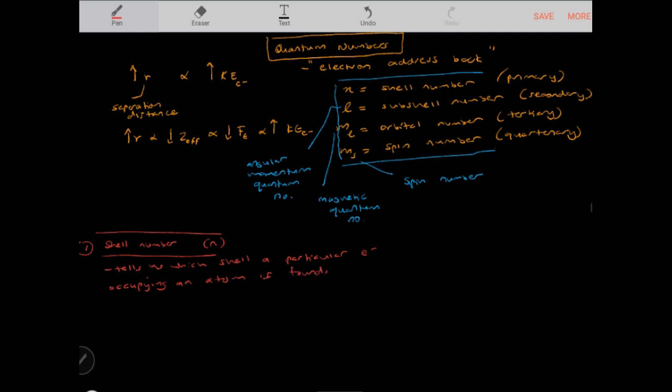This is one of the hallmark features of the quantum mechanical model, that we need to look at the position of each electron, because the position of each electron is going to be slightly different than the rest, right? So the shell number tells us which shell the particular electron will occupy.